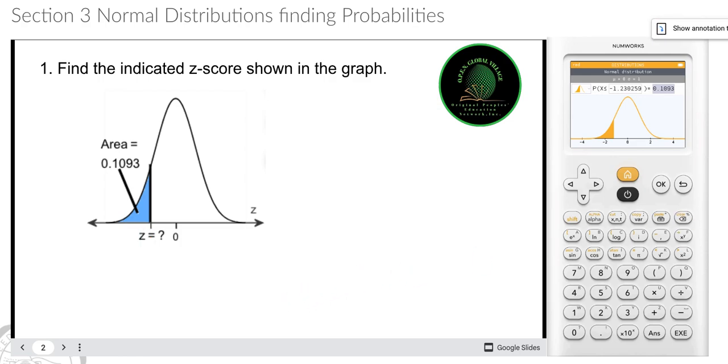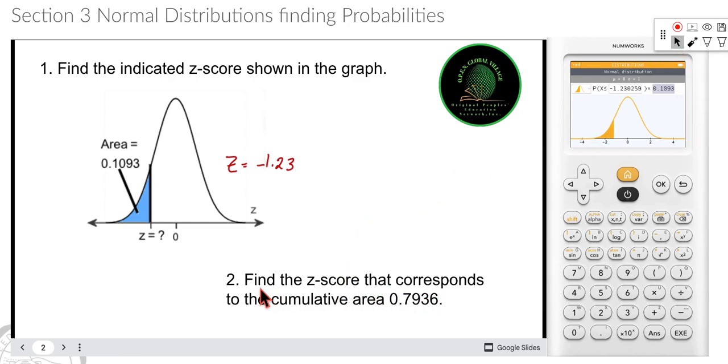So that's what we put in as our answer. Find the indicated z-score. What is z equal to? Z is equal to negative 1.23. Most of the time they want 2 decimal places for a z-score. For the area, we'd like to get 4.